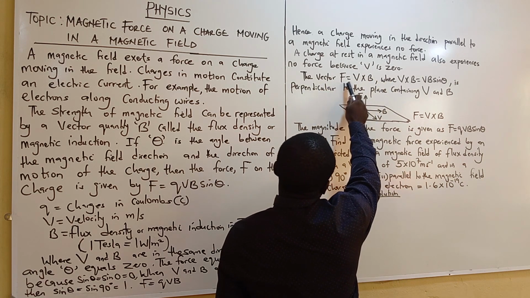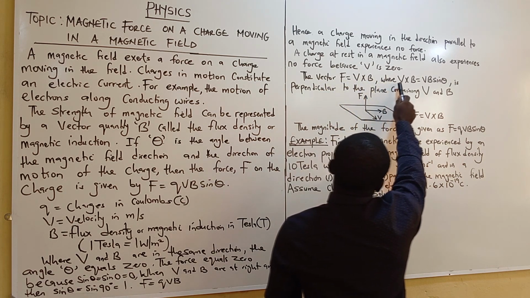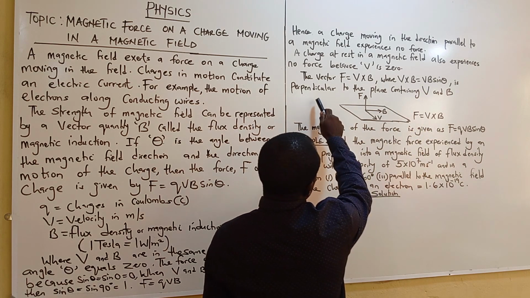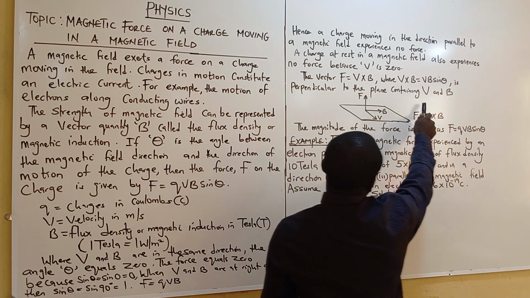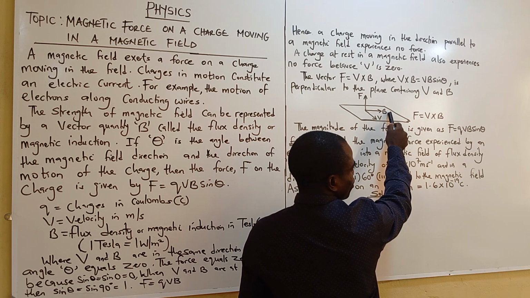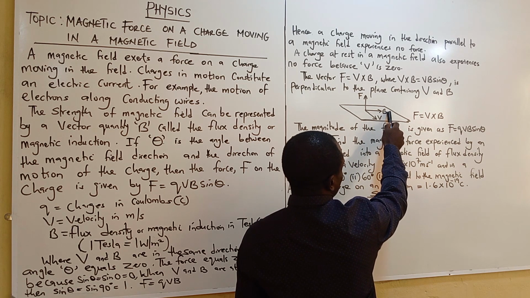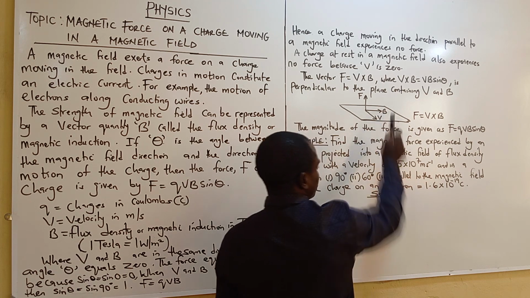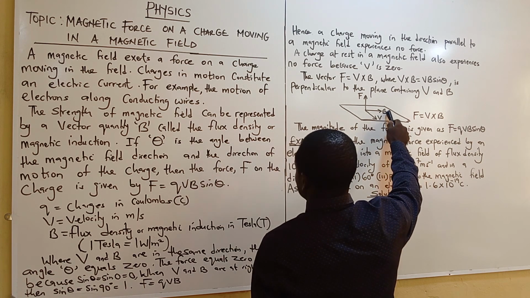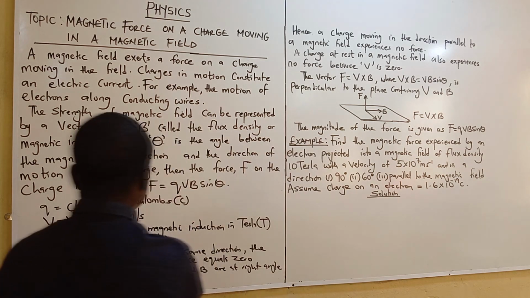The vector F equals V cross B, where V cross B equals VB sine theta, is perpendicular to the plane containing V and B. Let's see the plane. You can see the magnetic flux density or magnetic induction, represented here.